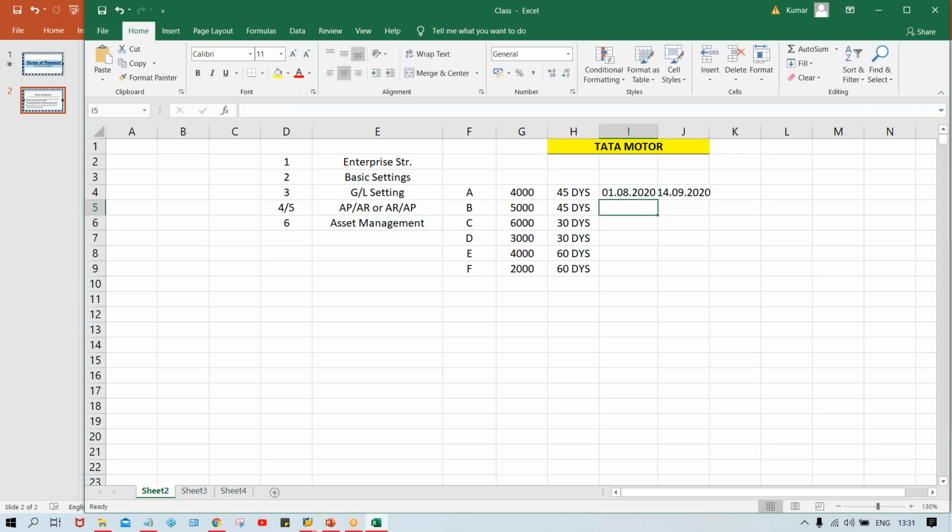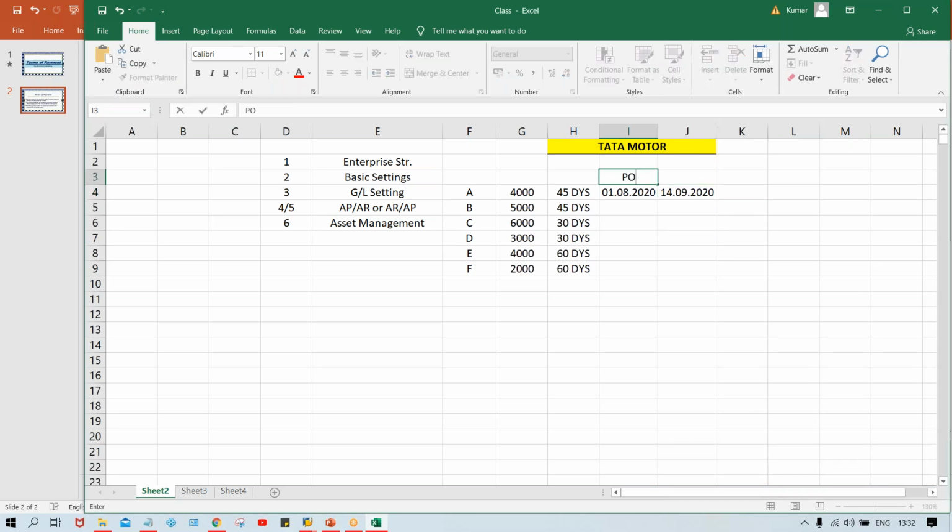Why the 14th, guys? Because of 45 days. The month of August has 31 days, so it is going to be due on 14th 09. If this is called the posting date, the invoice posted on this date is going to be due on the 14th. So this is called the due date.